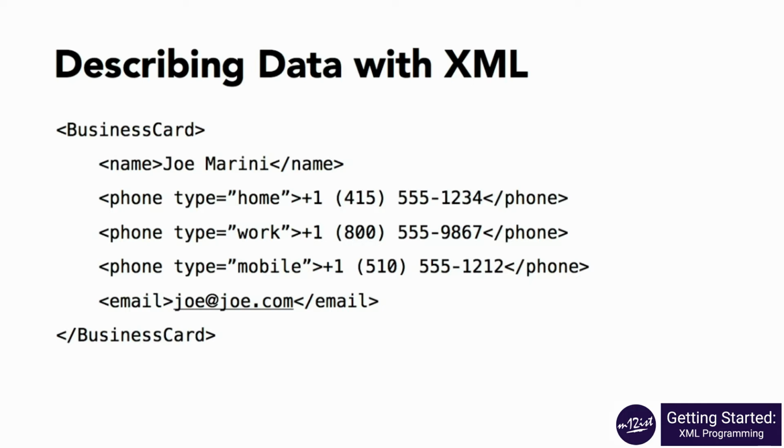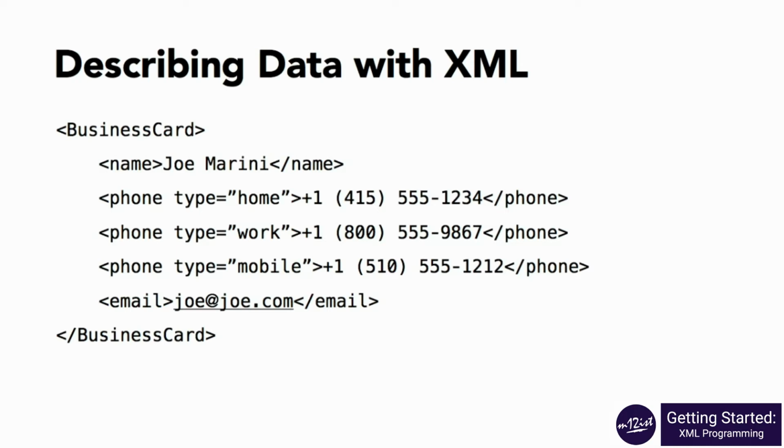So I sat down and said, well, if I'm going to structure a business card in XML, I'll probably need a root tag, and I'll just call that business card. And then I made up the tags, name and phone and email. And if I wanted to add other tags like address and so on, I could go ahead and do that. Now, once I've done this, once I've collected this data here in XML, I can now take this XML data and give it to any other XML-aware program, and that program can then parse and extract data from this business card.